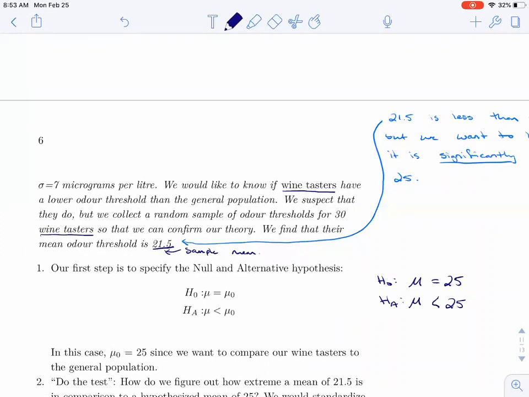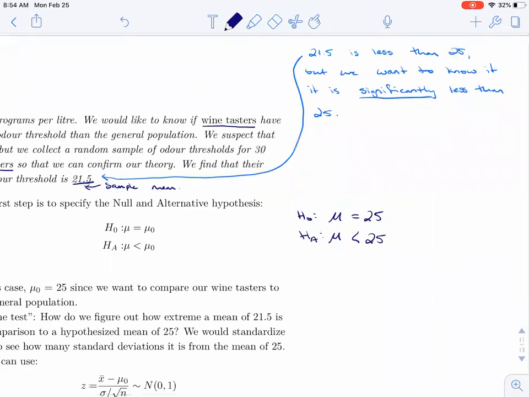Because I only care about one extreme, is 21.5 significantly less than 25? I have a one-sided test. So what I encourage you to get in the habit of doing is just putting in brackets one-sided test.